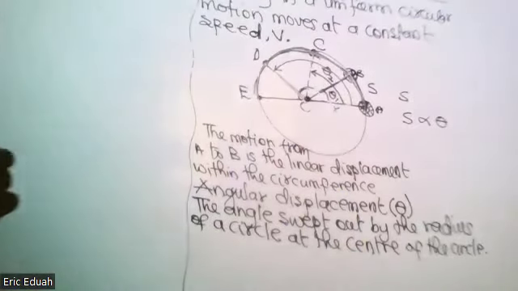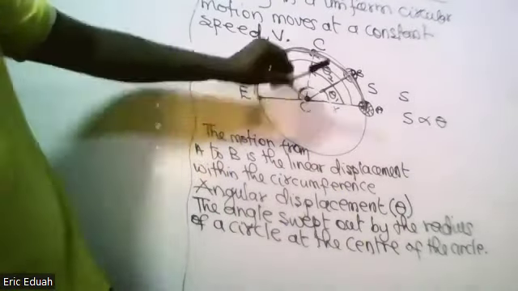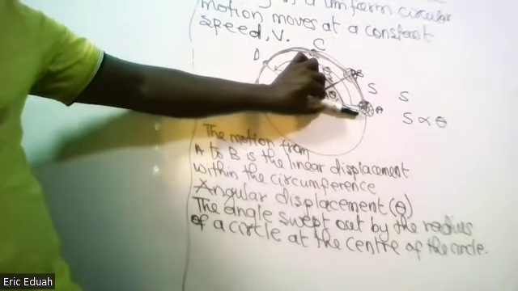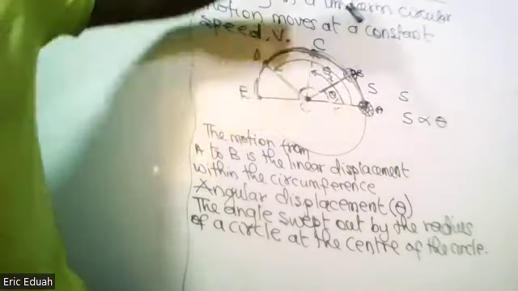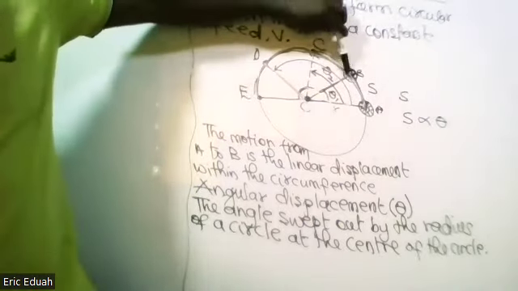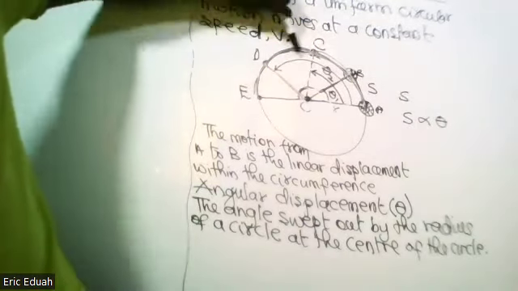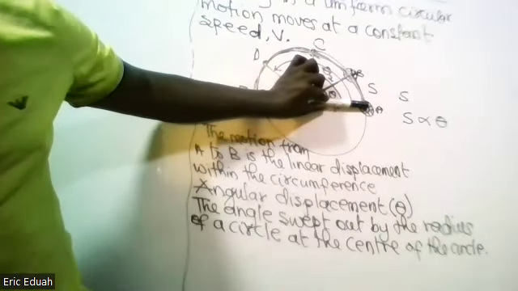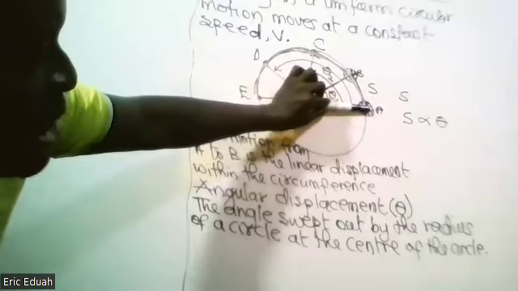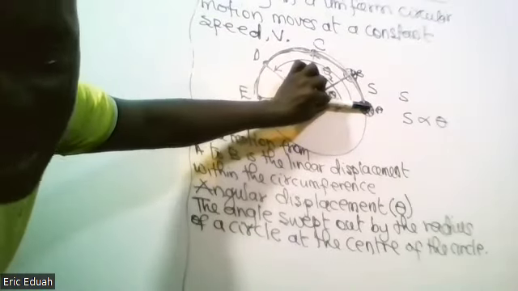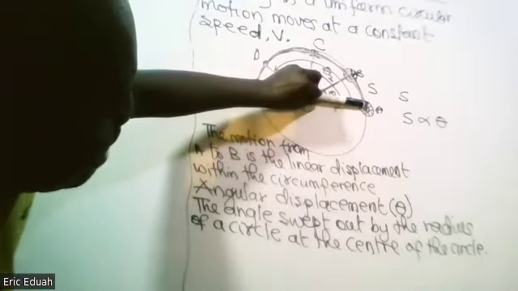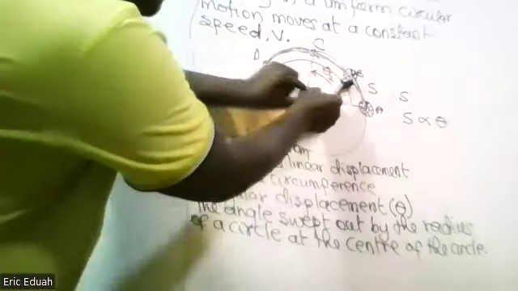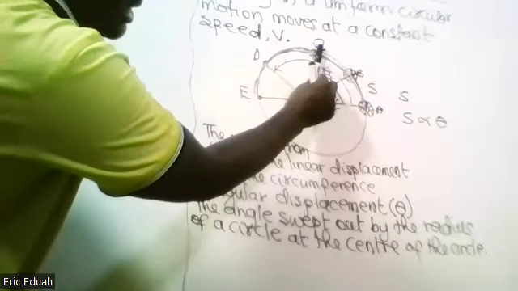So from the explanation, we see that as the body embarks on circular motion, that is moving from A to B, B to C, C to D, D to E, the radius, as any transition within the circumference, which is the linear displacement made by the body, describes a certain angle at the center.